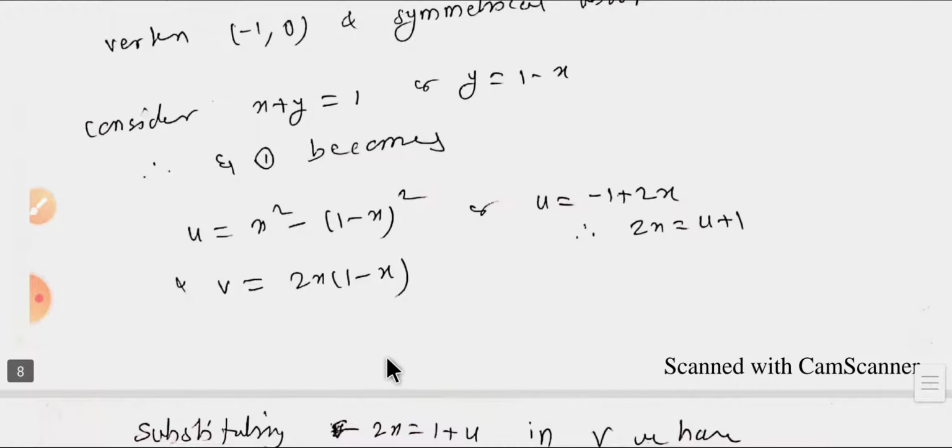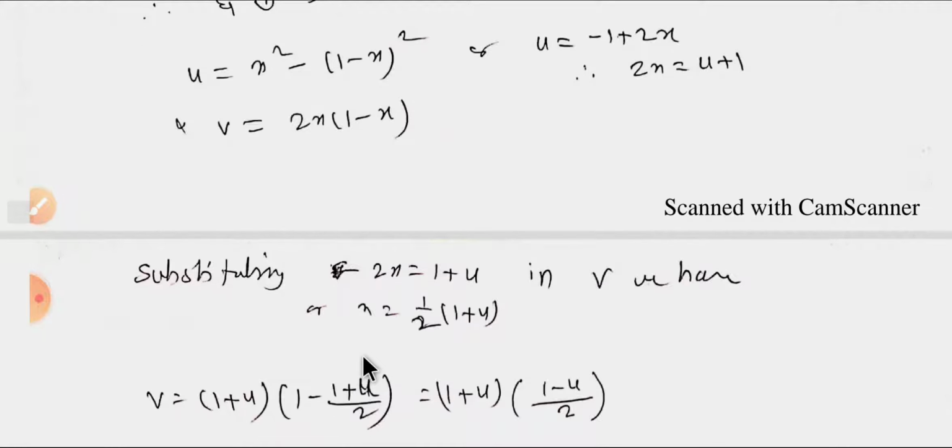So substituting here for x and y, by substitution 2x is equal to 1 plus u. In v we have, here we substitute that x value, 2x equal to nothing but u plus 1.